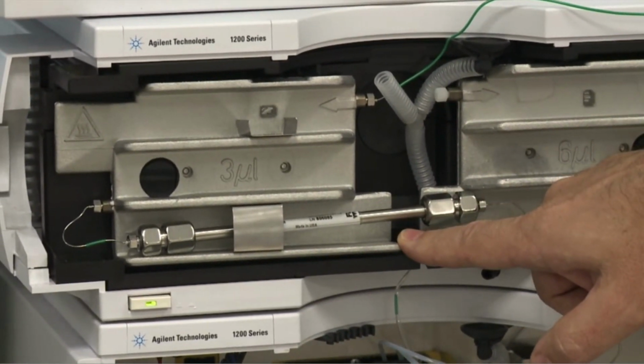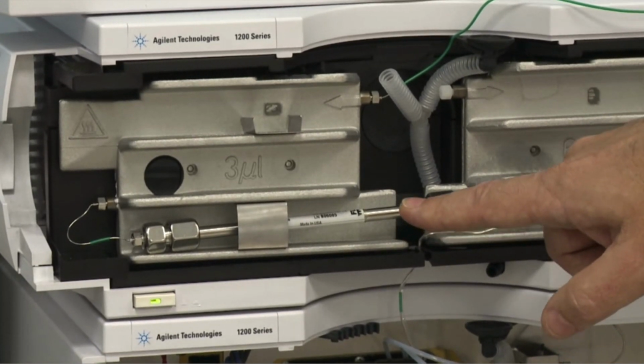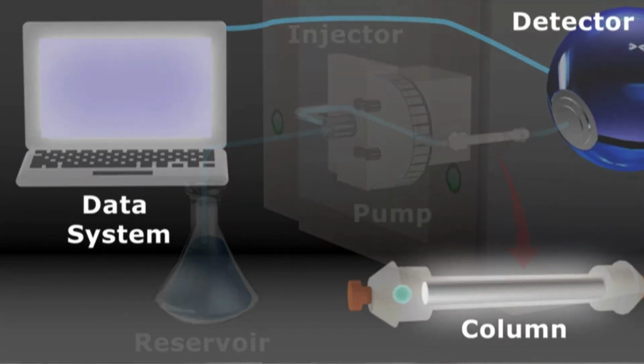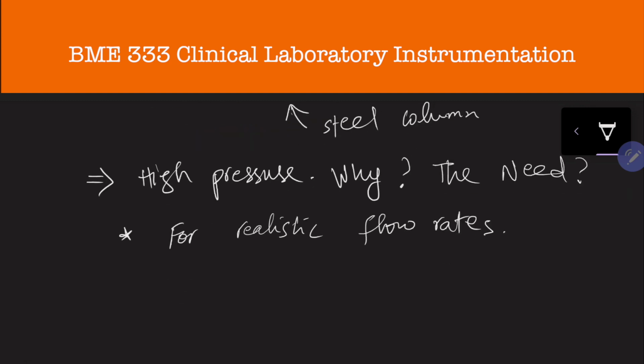We instead use a high pressure pump, and that enables the liquid to pass through pretty fast and at a good flow rate, basically. Since the separation is based on how soon the component is detected, we keep track of the time again, and we also refer to this as retention time, very much similar to what the gas chromatography did.